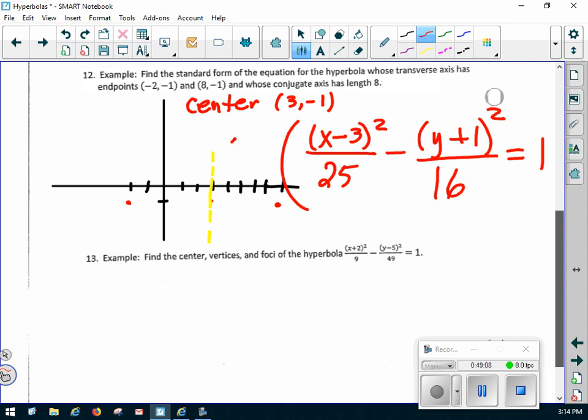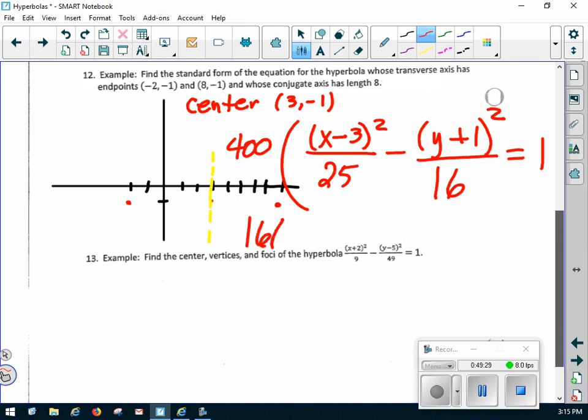400. The only reason I was able to do that is 25. I was just thinking there are 4 25s in 100. 16 quarters. Okay. 25 goes into 400.